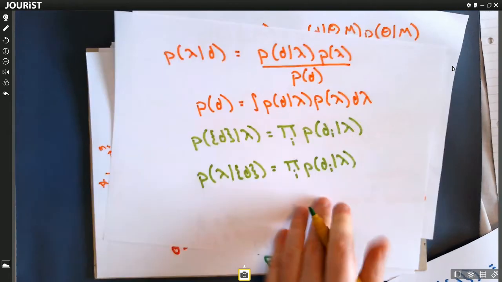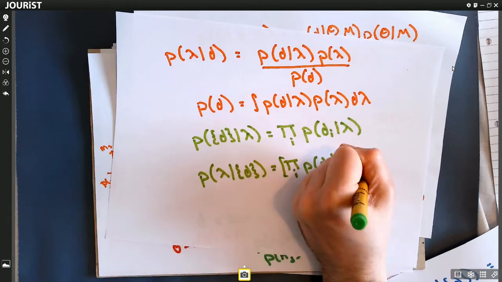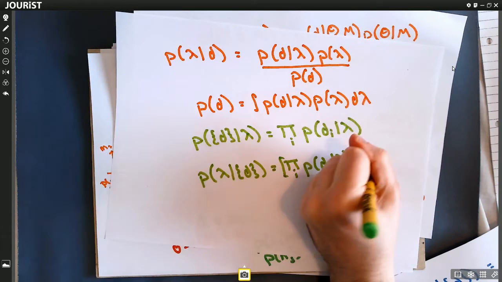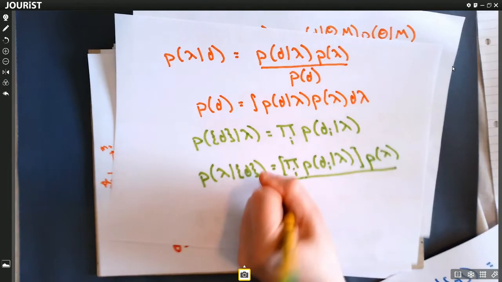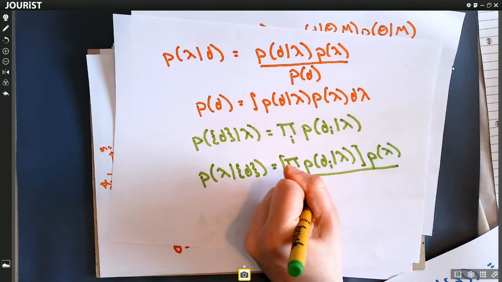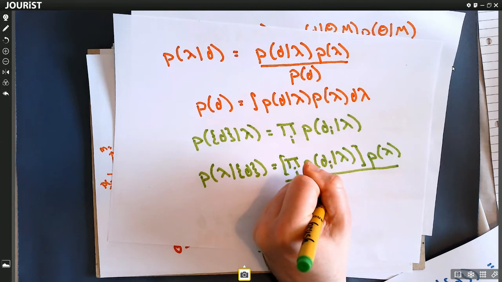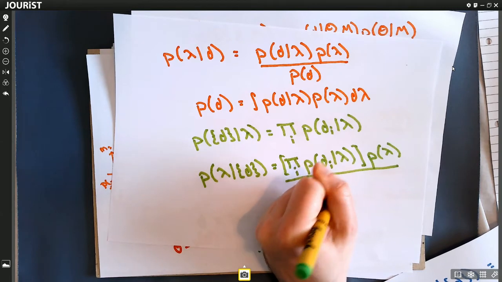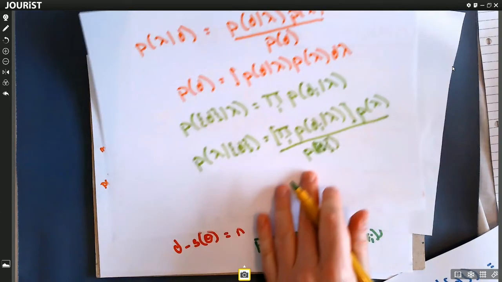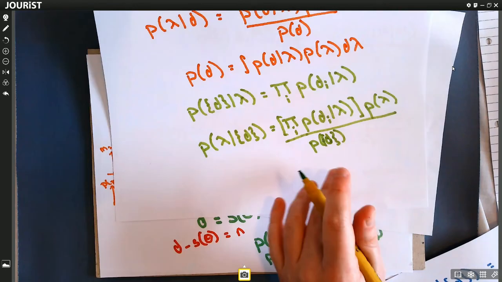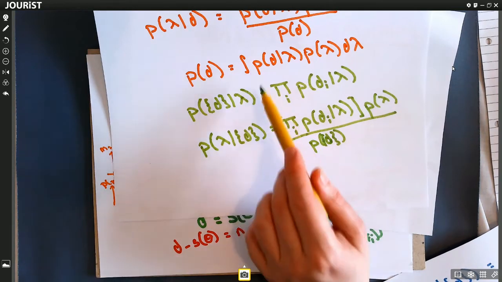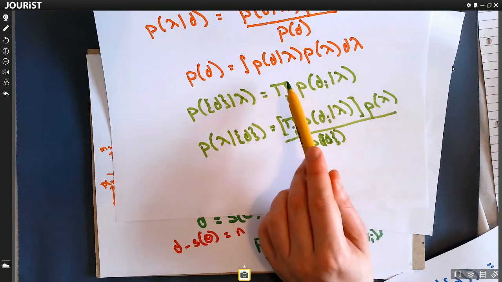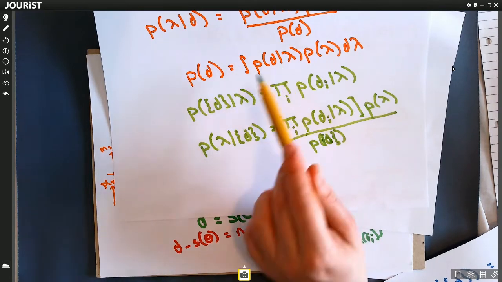I'll put that in brackets just so we know which term is the product, times the prior, and then we need our normalization constant at the bottom, which again we can also work out. Well, it's just going to be the integral here, so we substitute this into this, and we get the ensemble set.